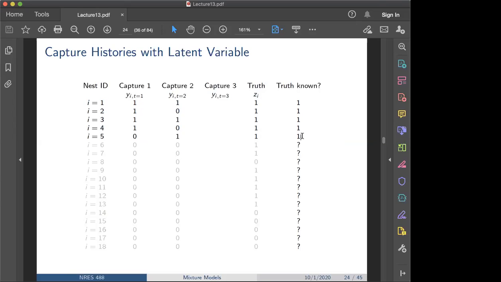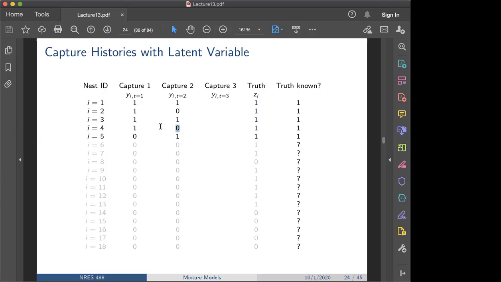So here's the known truth. And we know partially known truth here. The known truth that we know just because we get to see the big picture of everything, the oracle view. And the data that we actually observe and collect. So now we're starting to learn something about detection probability from these 2 values here.